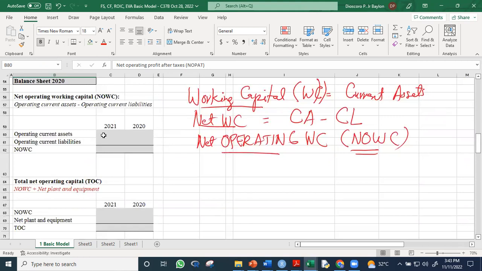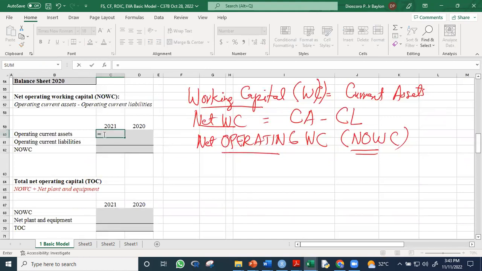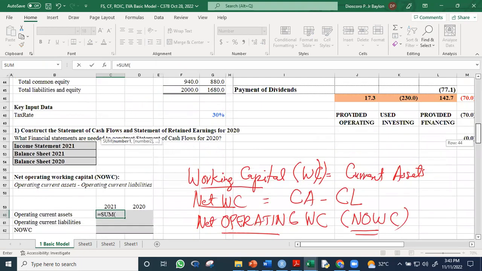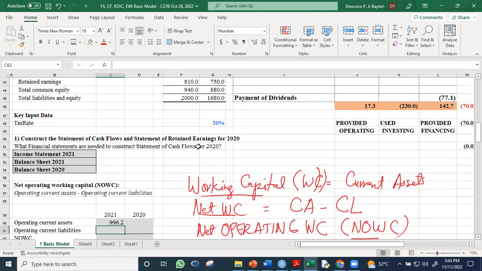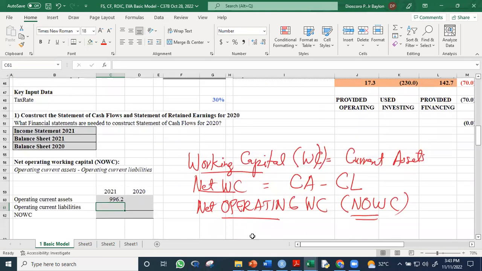So for 2021, first is our operating current assets. We'll just sum our cash, and then our receivables and inventories. Okay, so there we go.